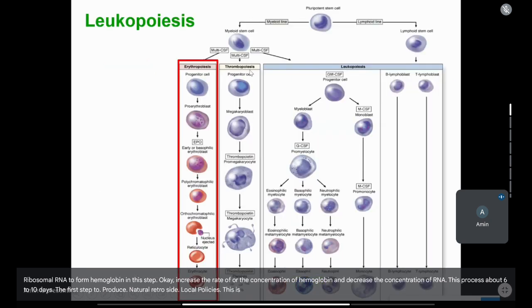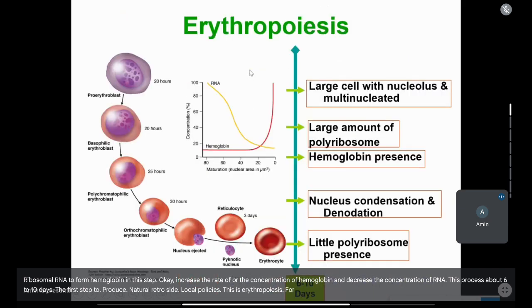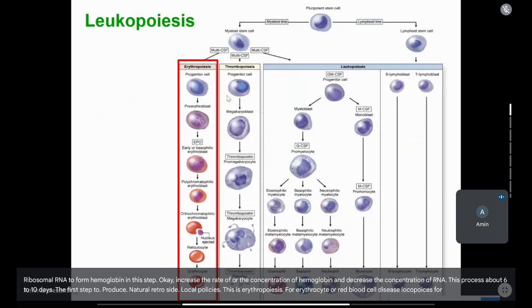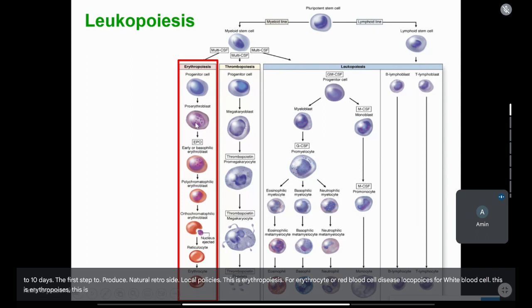Leukopoiesis. This is erythropoiesis, for erythrocytes or red blood cells, and this is leukopoiesis, for white blood cells. You can see here, as you know, all leukocytes originate from myeloid cells except lymphocytes, because this type of cell originates from the lymphoid stem cell.